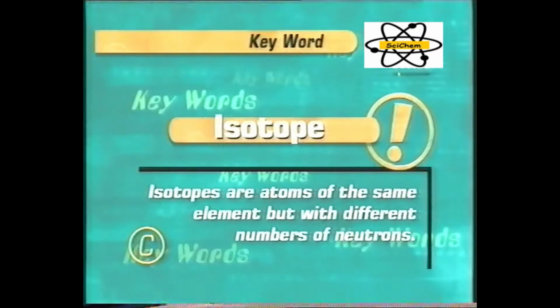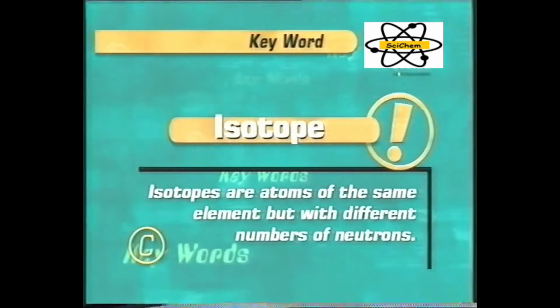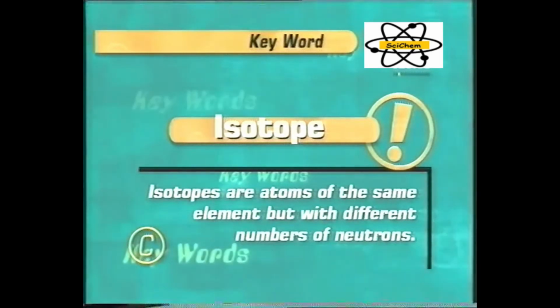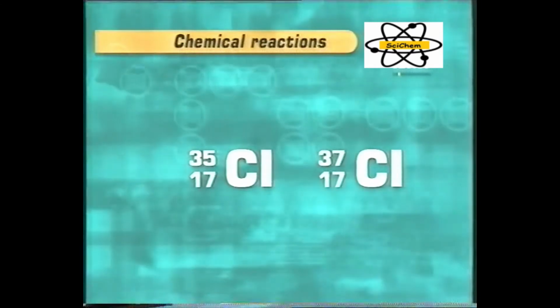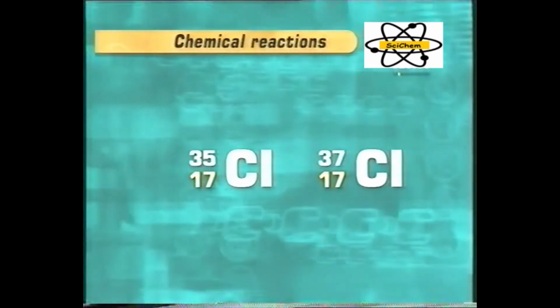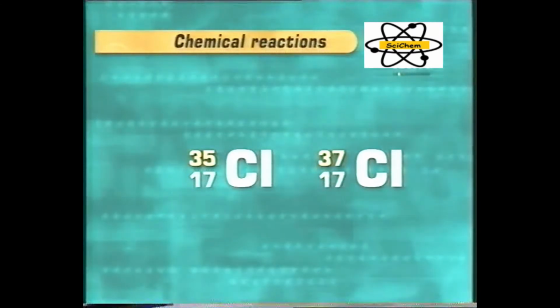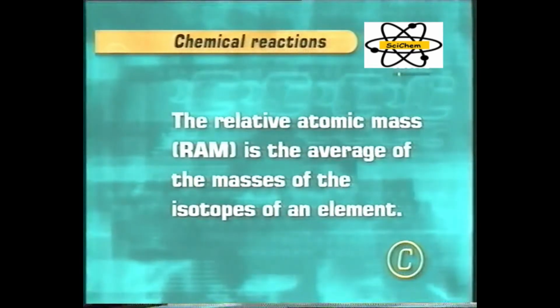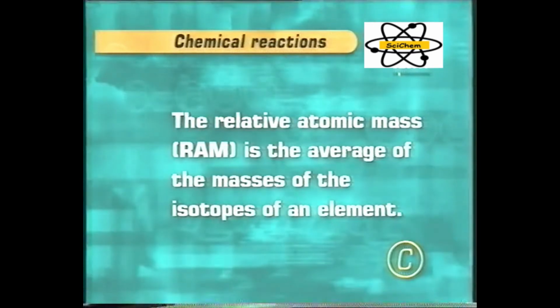Isotopes are atoms of the same element but with different numbers of neutrons. Chlorine is a good example. Both of these chlorine isotopes have the same atomic number, but they have different mass numbers. The relative atomic mass is the average of the masses of the isotopes of an element.